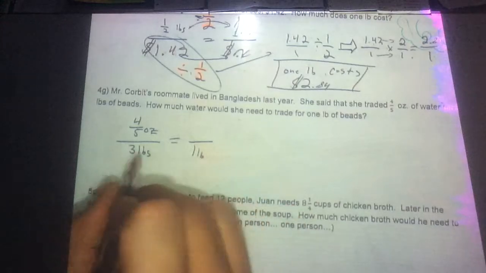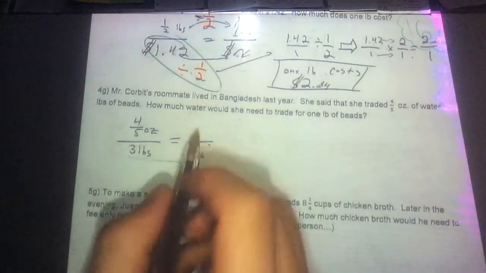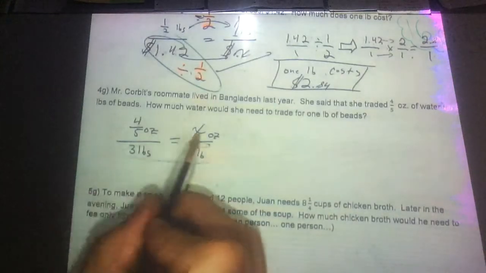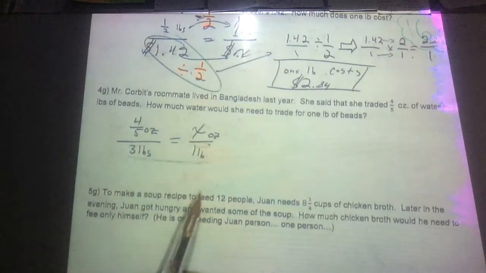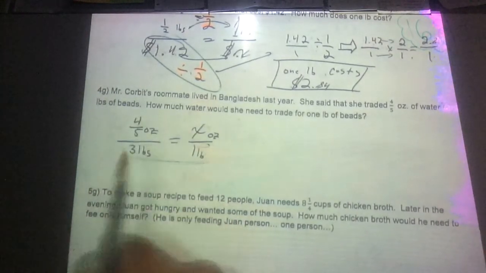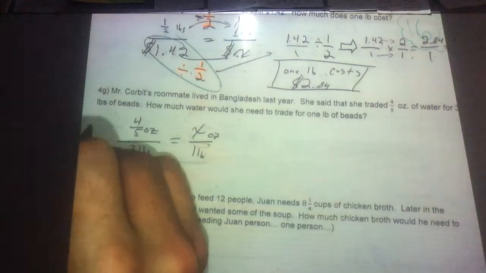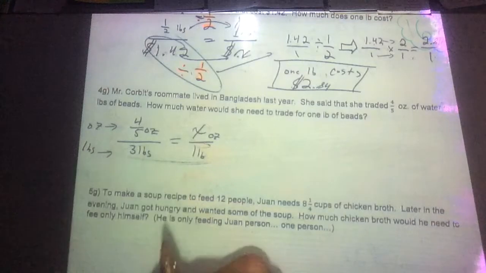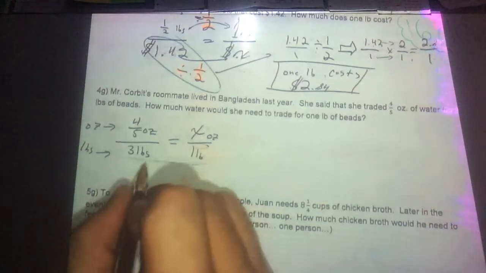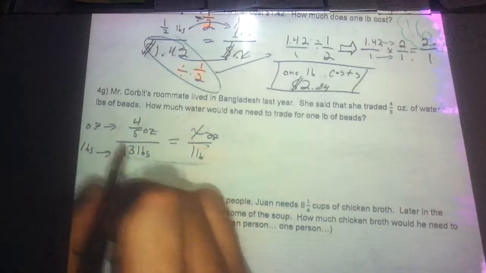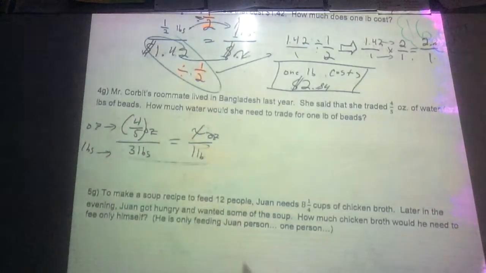Now notice that the beads are in the denominator, and then I have to have the ounces of water here. The most important thing is that the units are horizontally lined up. We have pounds here, and we have ounces here. Okay, so now to simplify this fraction, 4/5 over 3, it is a weird fraction, right?